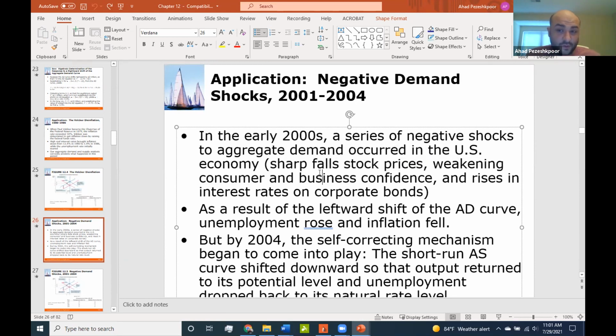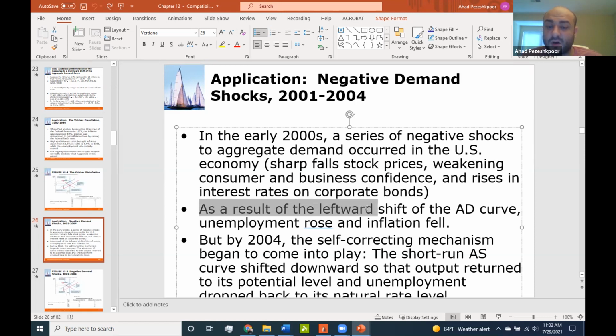And if you remember from our neoclassical chapter 8, when stock prices fall, that sends a signal that things are about to get bad. Weakening consumer and business confidence, and therefore rises in interest rates on corporate bonds.